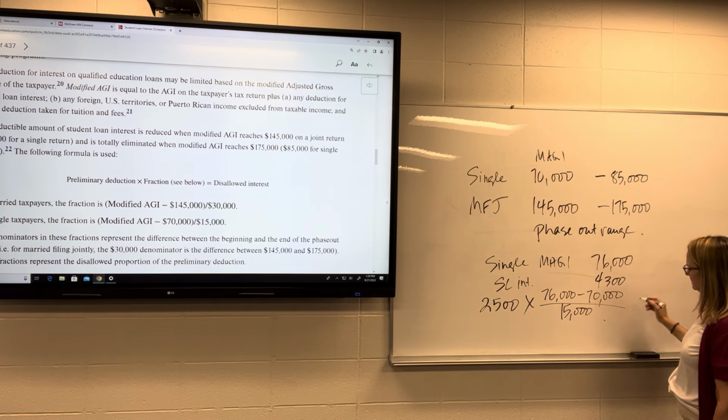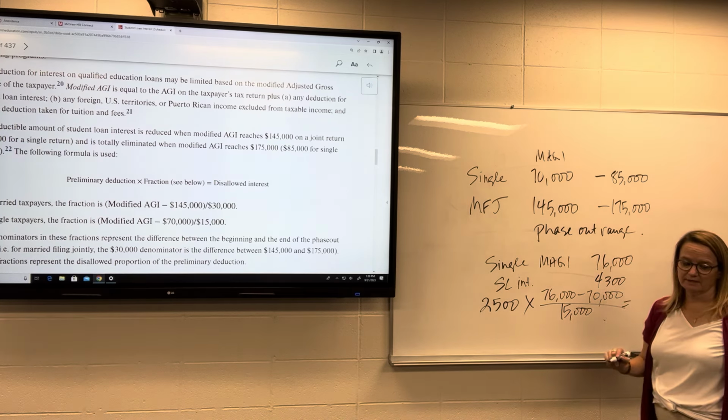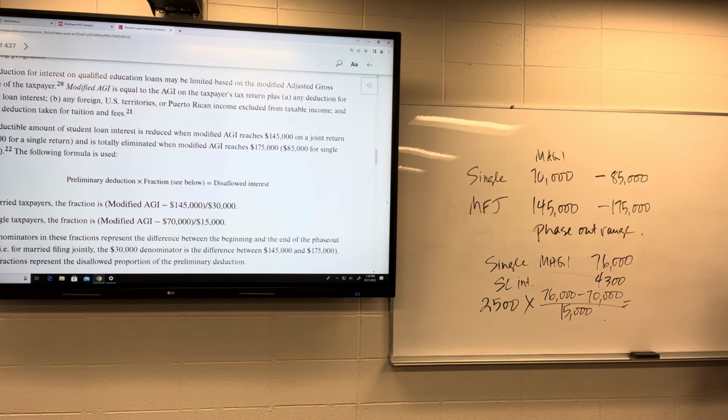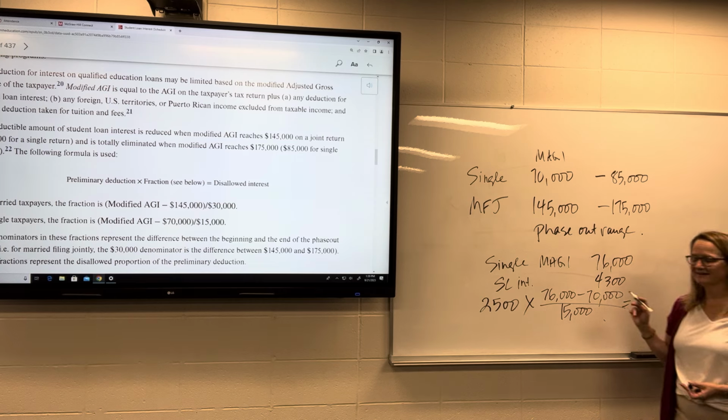All right, so somebody else is going to have to do the math for me here because I don't have my calculator up here. My calculator's right there recording. So 6,000 divided by 15,000. Sorry? 0.4.